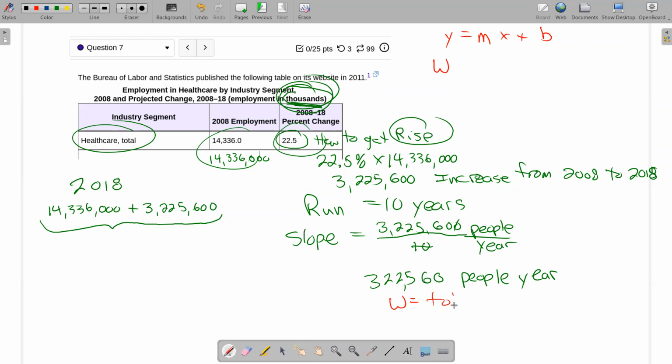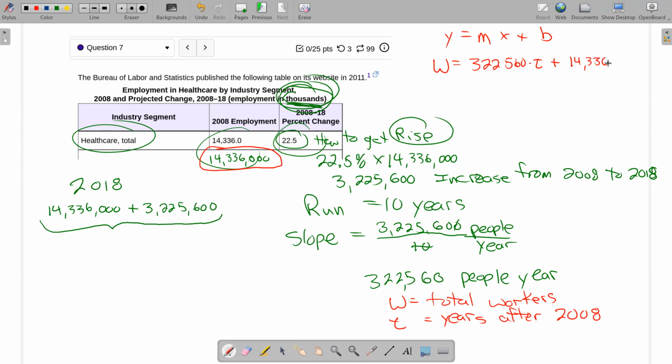W is total workers, T is not the year, but years after 2008. My slope I've calculated, that's that number right there. So I'm going to get W equals 322,560, that gets multiplied by T, and then plus where we started. And we started with that amount in 2008, 14,336,000. So that should be my equation.